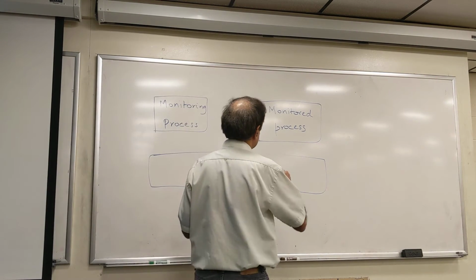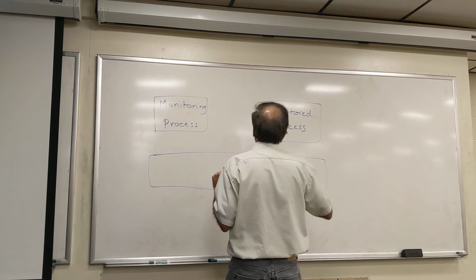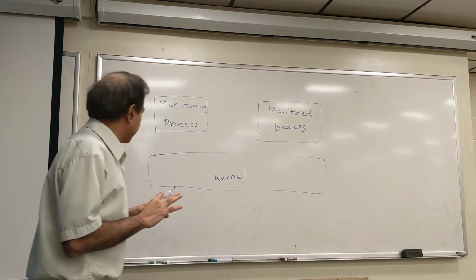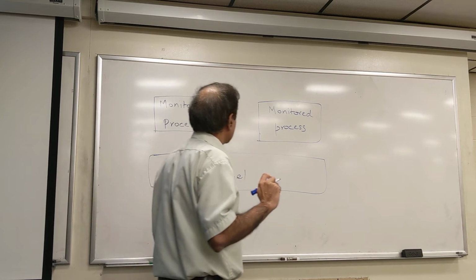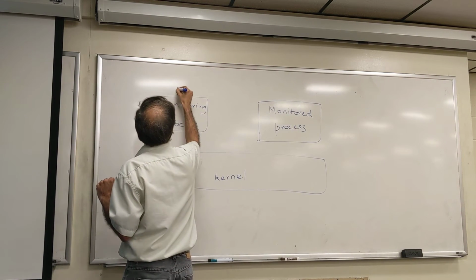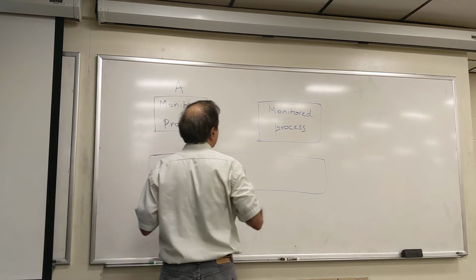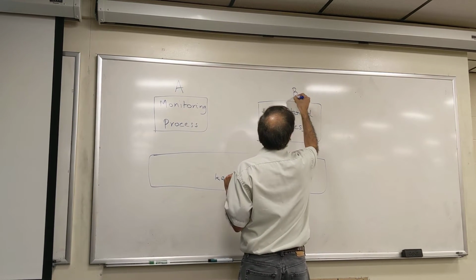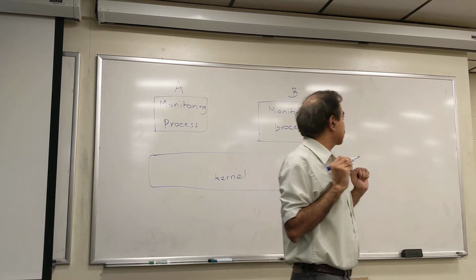So before the system call interception can happen, what the monitoring process does, let's call this process A, right? And this is process B.